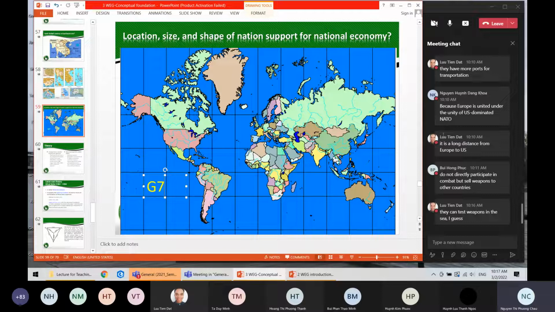As some of you mentioned, far distant from other nations. So when they test the new weapon, there is no danger, no destruction to the neighbors. When they test or create the new weapon, nobody knows, and they can produce new weapons, a new product to sell to other nations.